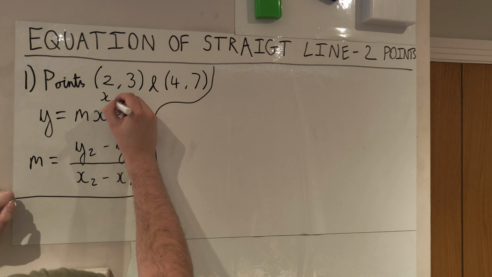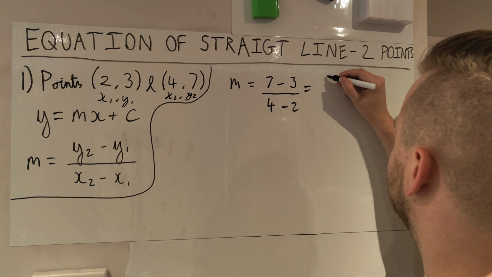Okay, starting with m. m is going to be equal to y2, which is 7, minus y1, which is 3, divided by x2, which is 4, minus x1, which is 2. You see it's a lot easier when we've done it in this order, but you can technically do it the other way as well.